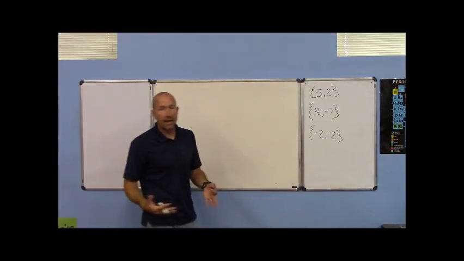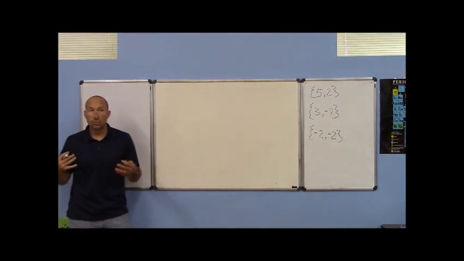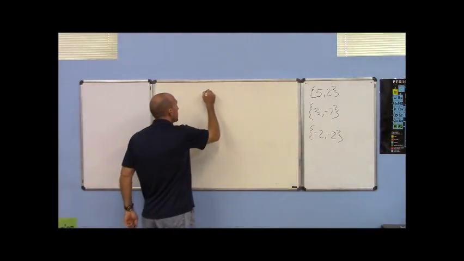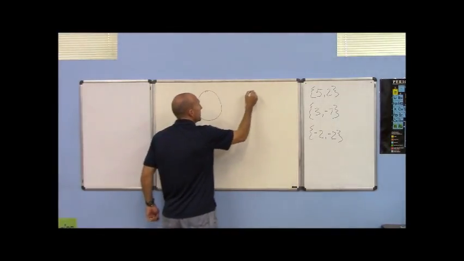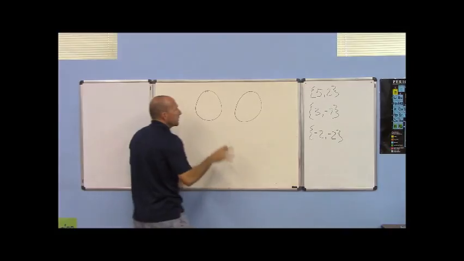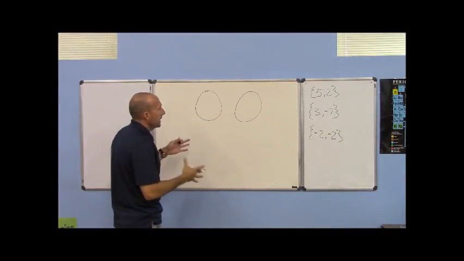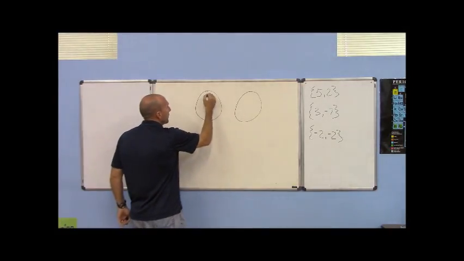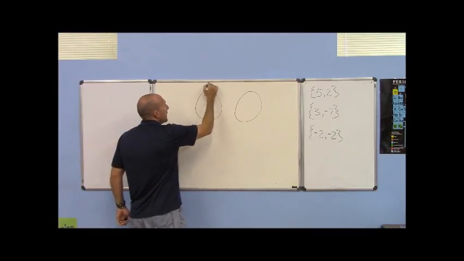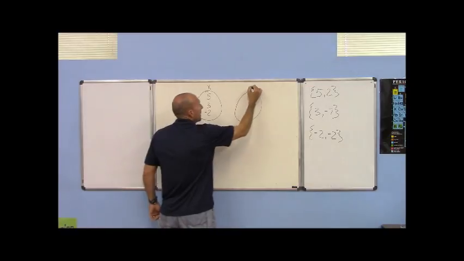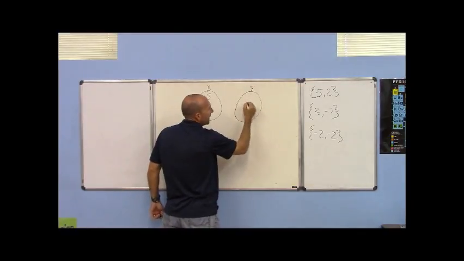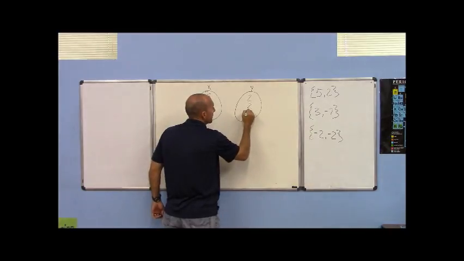Another way of looking at this with regard to relations is if we were to separate them and see how they apply. So we can do 5, 3, and -2 in our x's, and then our y's can be listed as 2, -2, and -7.